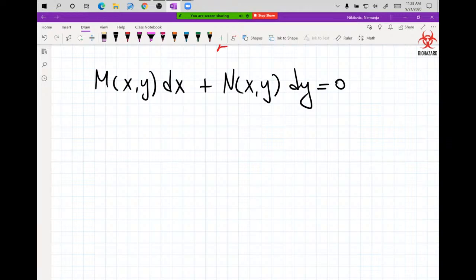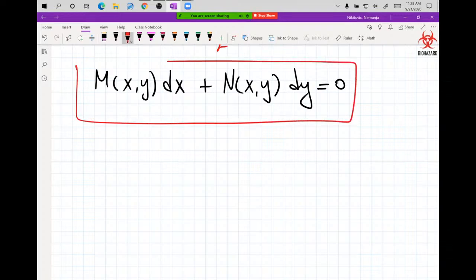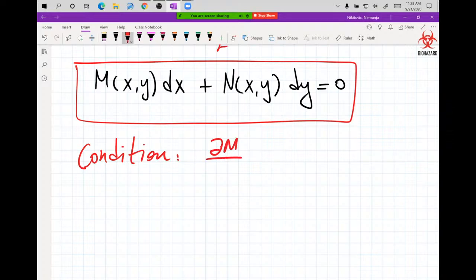Now, the condition for exactness, so this is a big deal over here. That's the equation, and the condition is that partial M partial y is equal to partial N partial x.